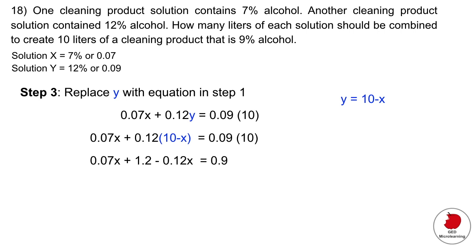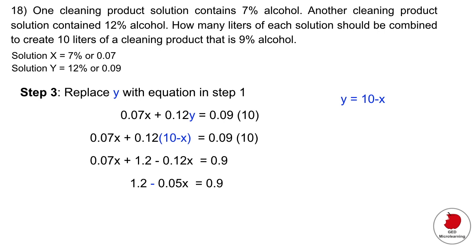All right, and the next thing we want to do is clean it up a little bit on the left side. So we would add common terms. We would say 0.07 minus 0.12. That gives us minus 0.05X, like this.